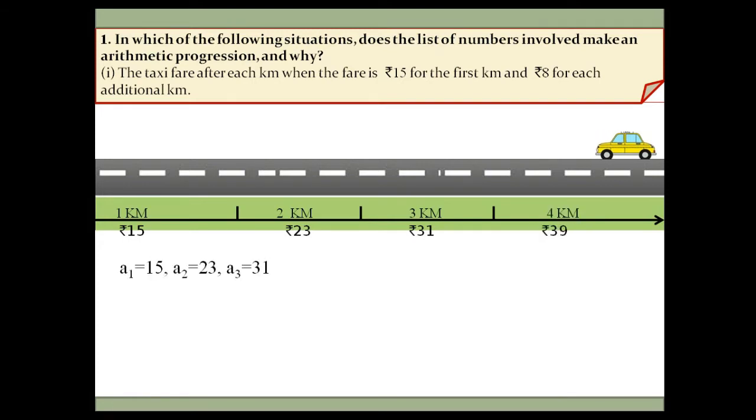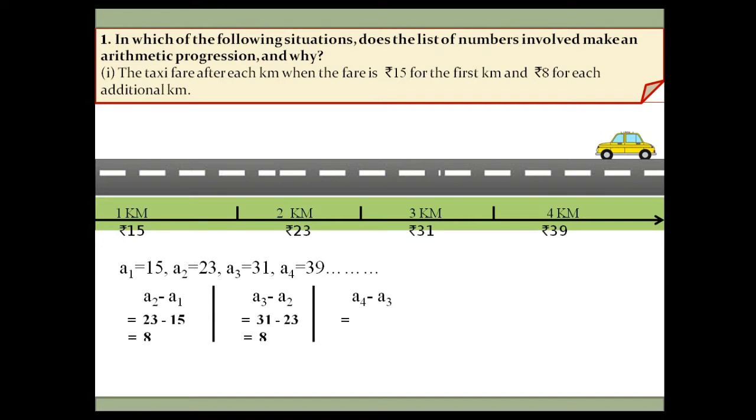Therefore, first term is 15, second term is 23, third term is 31, fourth term is 39, and so on. Here we need to calculate second term minus first term equals 23 minus 15 equals 8. Third term minus second term, 31 minus 23 equals 8.